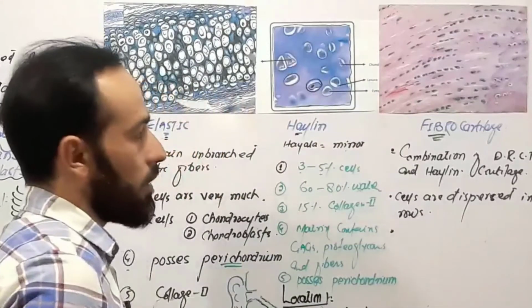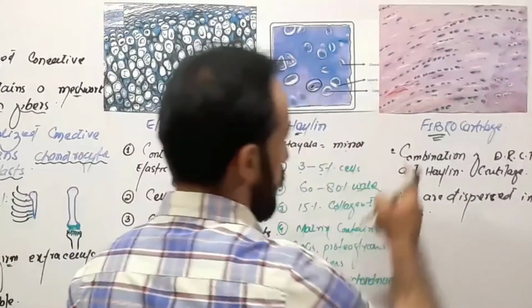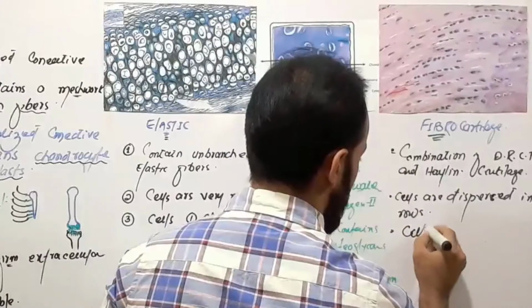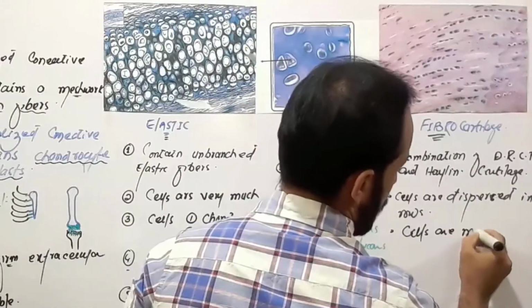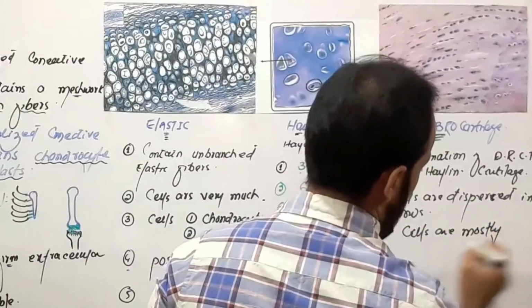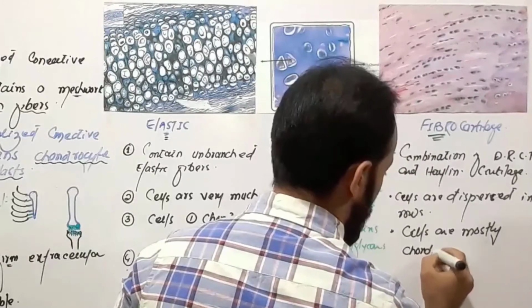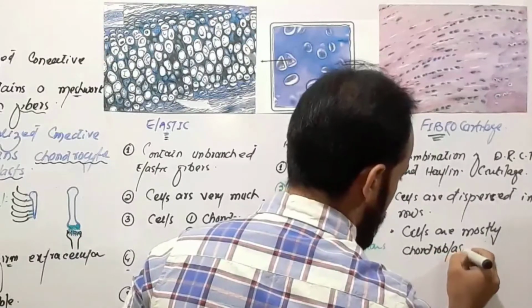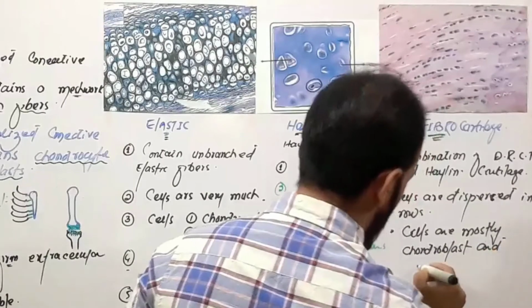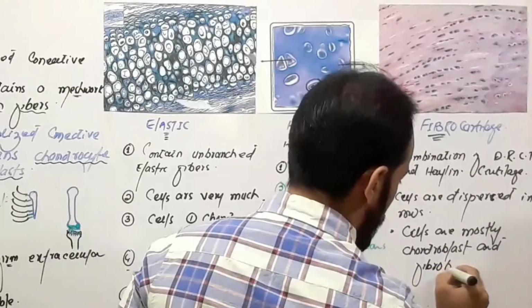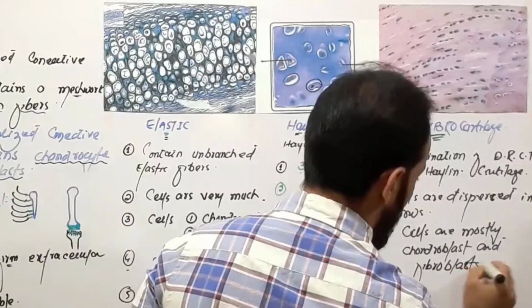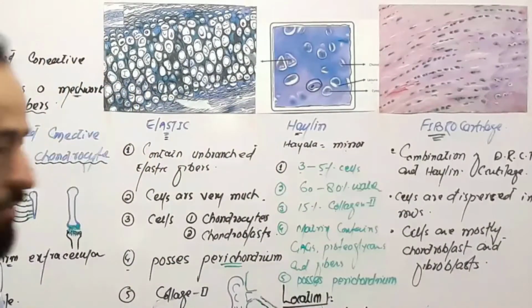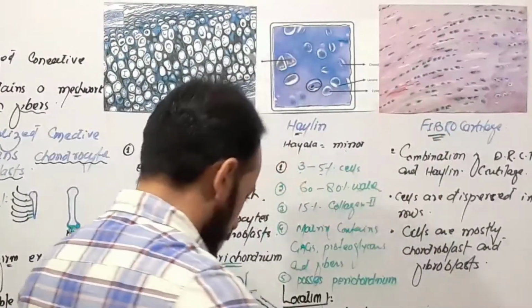Done. Then the third point about this type of cartilage is cells are mostly chondroblasts and fibroblasts. Chondroblast strands and fibroblast cells are present in this type of cartilage.